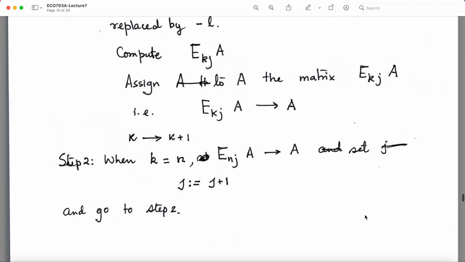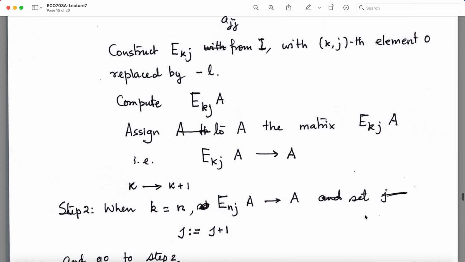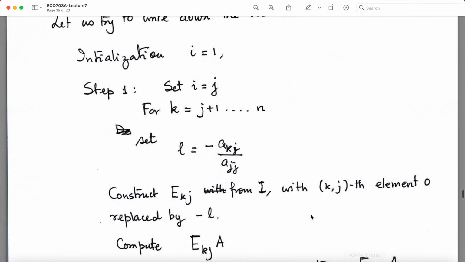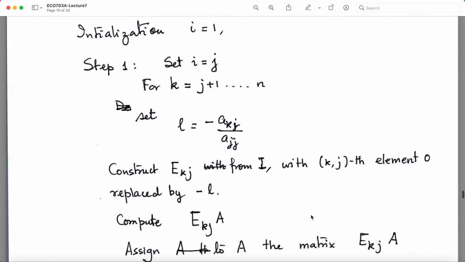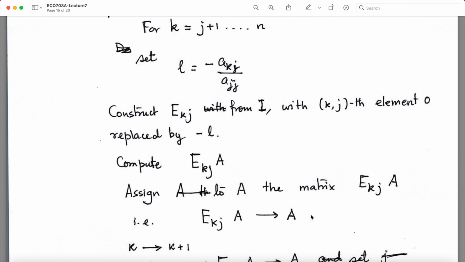So what we will discuss is a schematic algorithm for doing this LU decomposition, that is this transformation to the U matrix, or Gaussian elimination. I will discuss this scheme in the other part, in Wednesday's discussion.